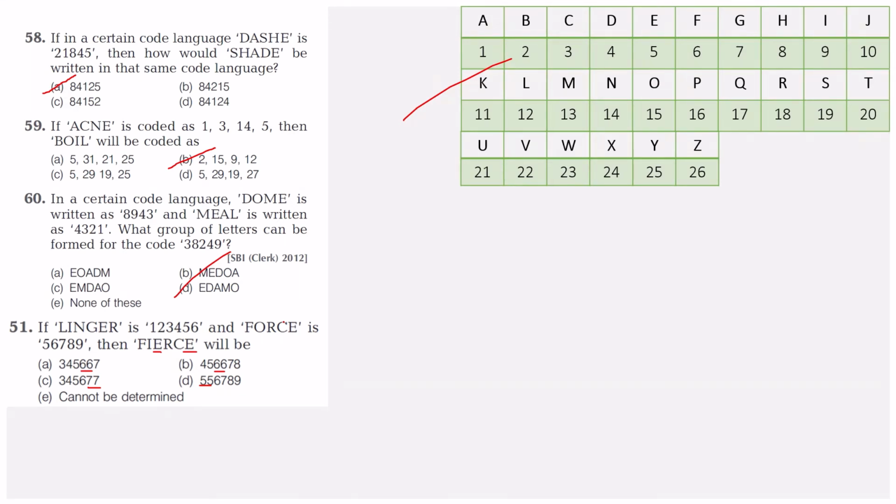So the random coding and decoding type is nothing but you will be asked different types of coding and decoding questions. Like let's say 1, 2, 3, 4, 5, 6. I'm not taking that question. Is coded as B, C, A, D, E. Okay.